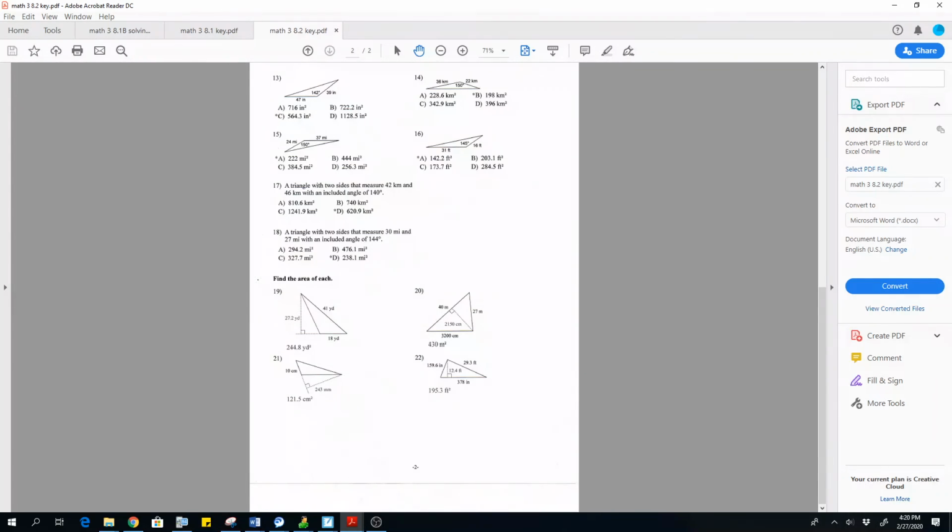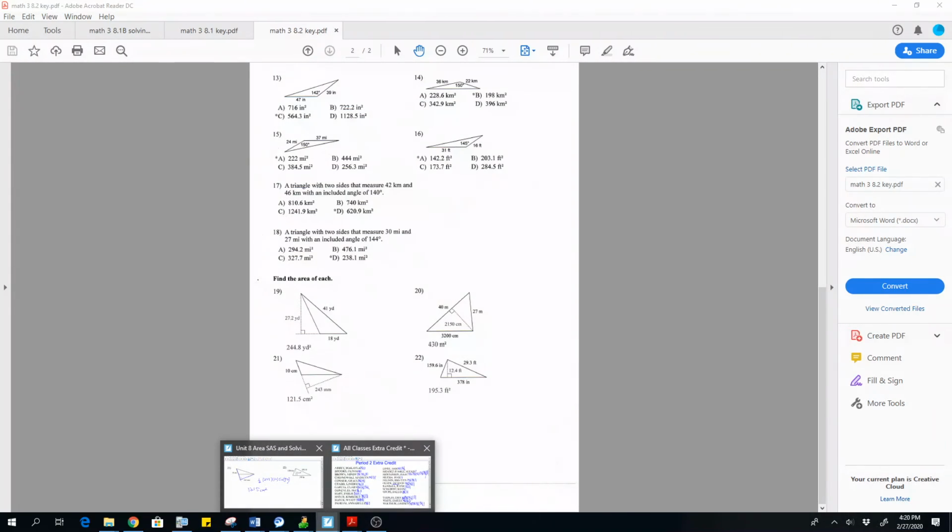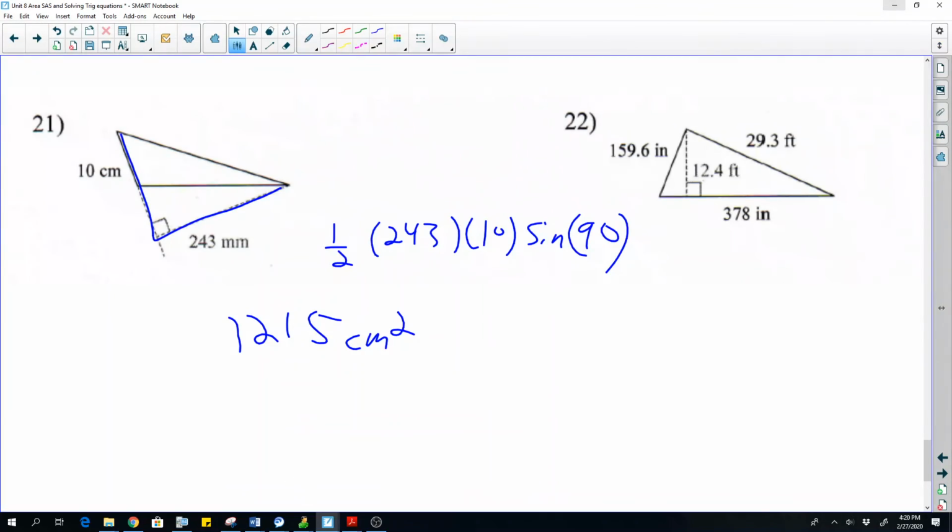I'm guessing it wants you to convert it to centimeters. So I guess we have to convert millimeters into centimeters first. Okay. So that means that we're going to go ahead and divide by 10. So this becomes 24.3. Now we can do it all in centimeters.